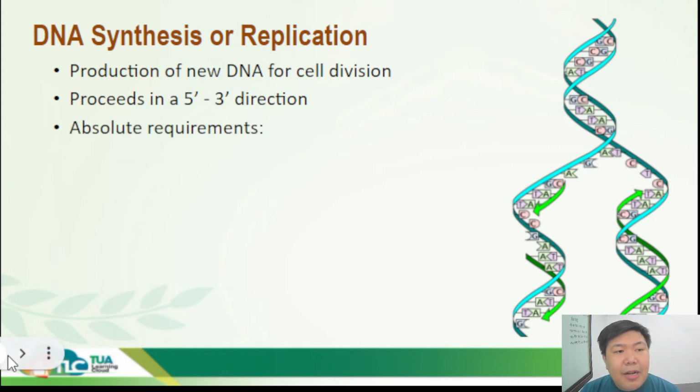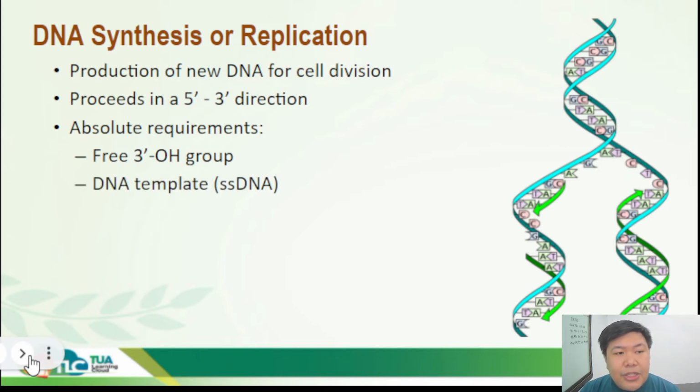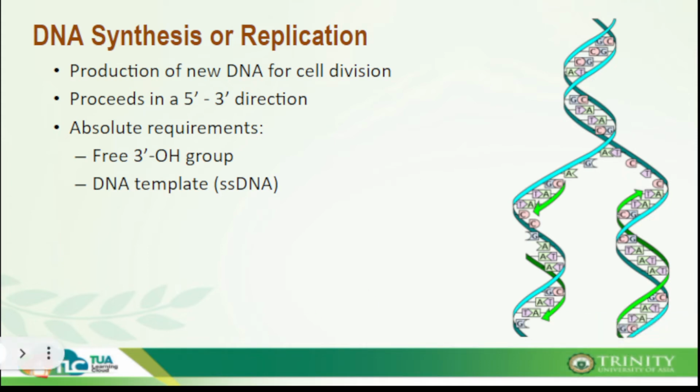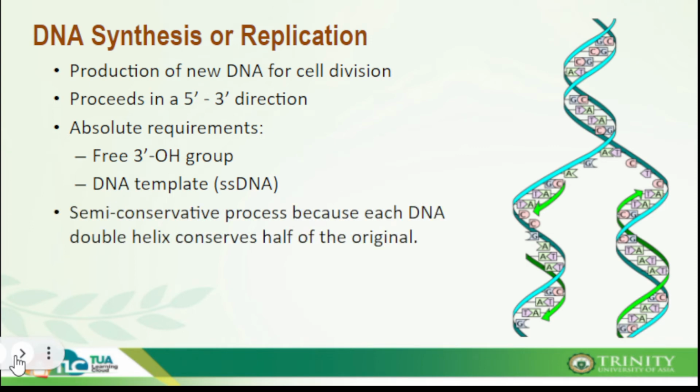But there are requirements needed in order for DNA synthesis to occur. These are, first, we should have a free 3' hydroxyl group. We should create two single-stranded DNA as templates. And the process of DNA synthesis is a semi-conservative process.